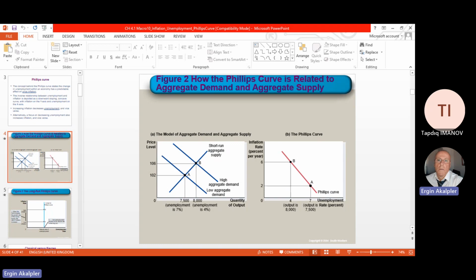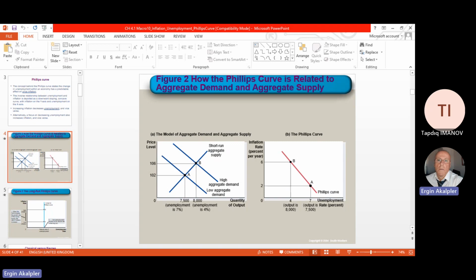As much as you are shifting the inflation, it is supposed that the output will increase and the unemployment rate will reduce, or vice versa. When you shift the output to a lower level, inflation is supposed to become lower.